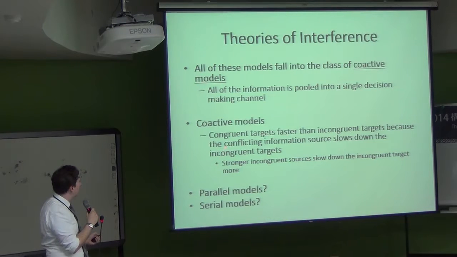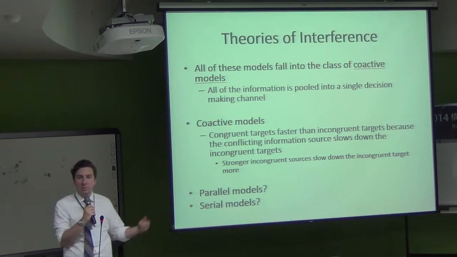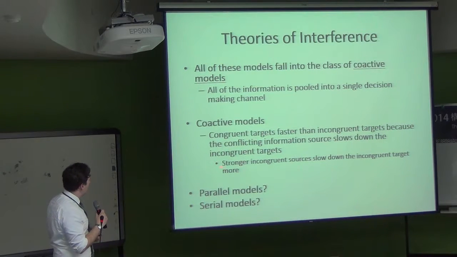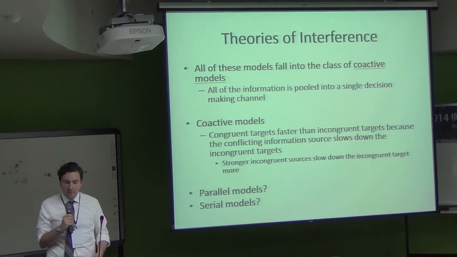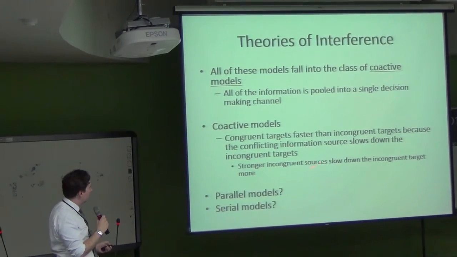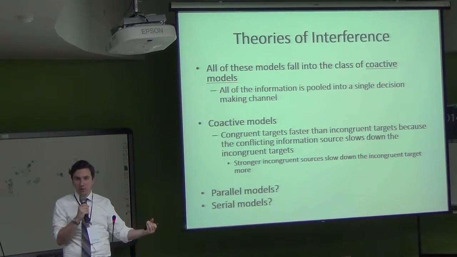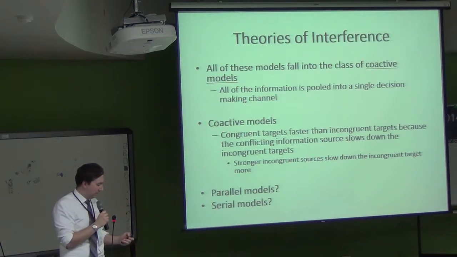The idea is that congruent targets are faster than incongruent or conflicting targets because the conflicting information slows down the incongruent targets compared to the congruent targets. One important property that I'm going to explain in a moment is that the stronger the incongruent sources are, so the stronger that conflict, the more it slows you down in a coactive process.